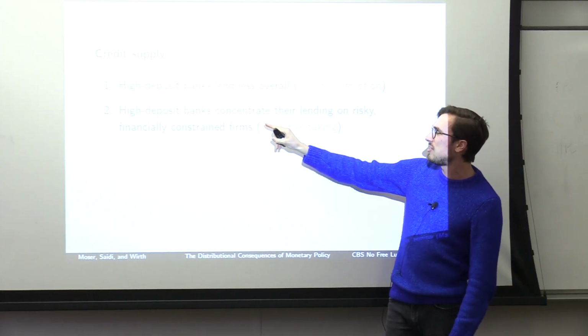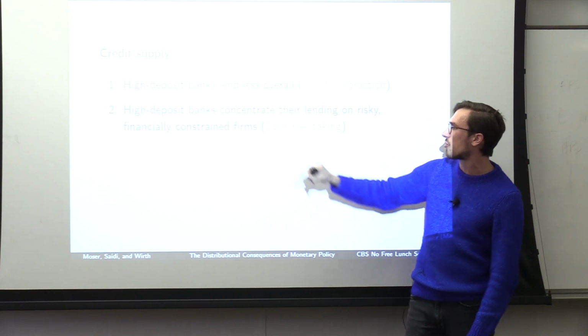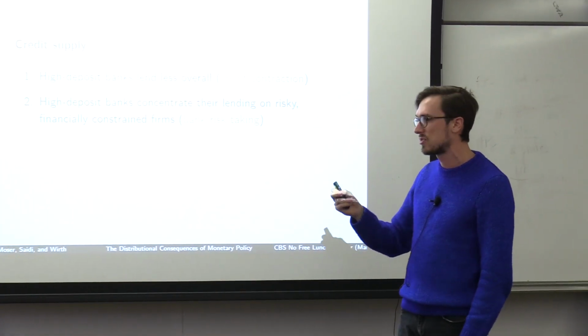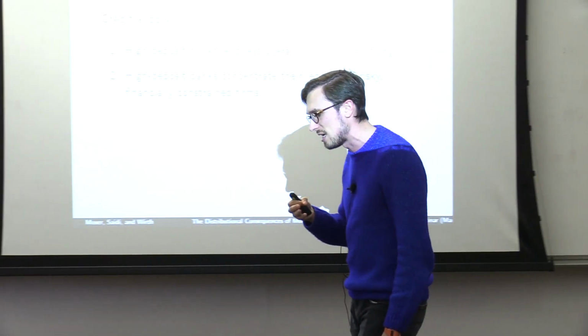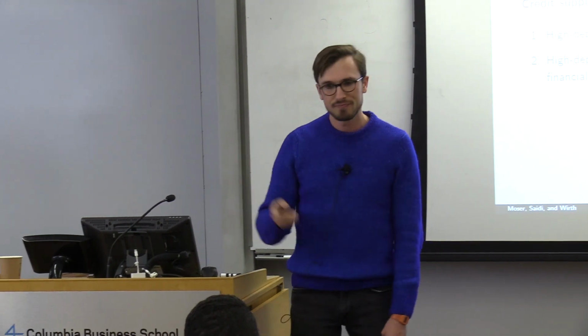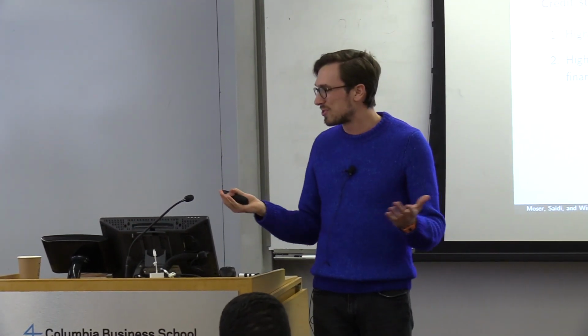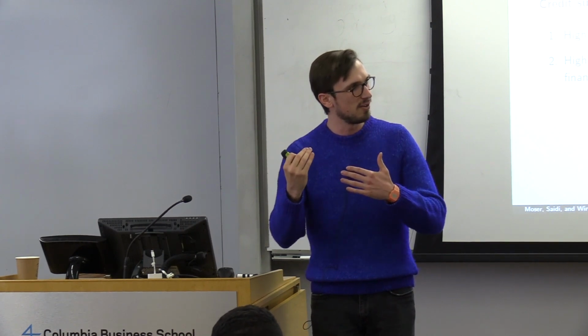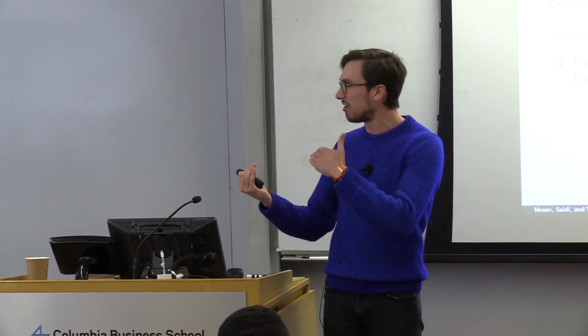But it turns out that these same banks now concentrate their lending primarily to financially constrained firms, which also happen to be risky firms in practice, high volatility firms. So now we've sort of closed the loop, essentially. We see negative interest rates at the European level, and then some of these banks cut their lending overall, except maybe to some of the firms that are very risky and still worth reaching for by these commercial banks.